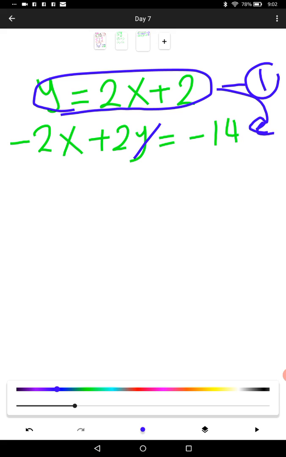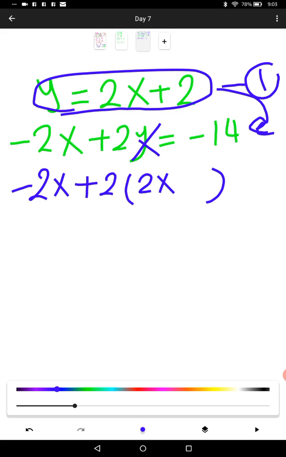We will get rid of this y in the second equation, and put 2x plus 2 instead. We will have negative 2x, which will be the same, plus 2, and we will put y equals what? 2x plus 2, equals negative 14.